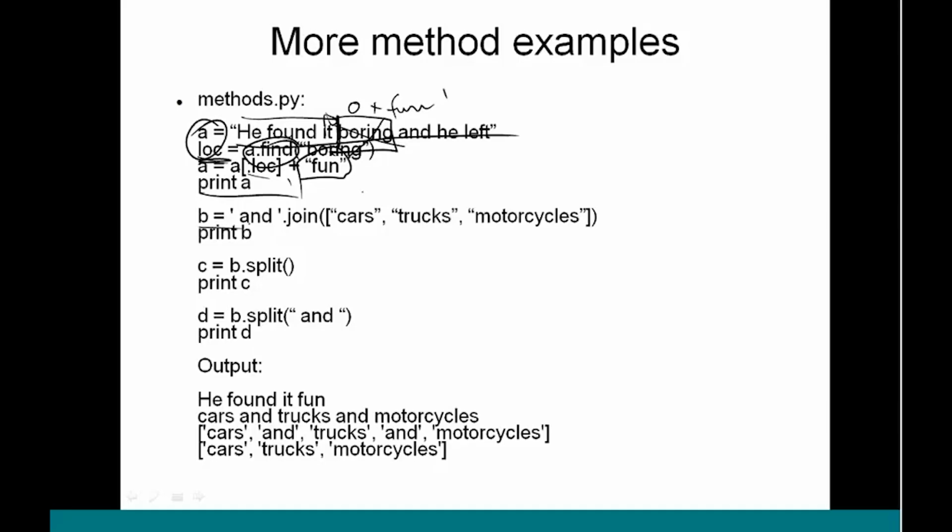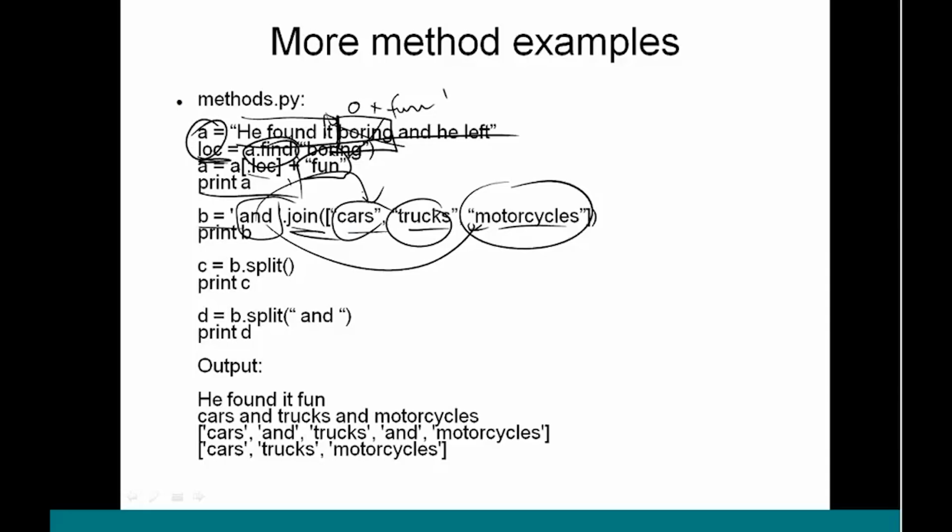And then we define another one, b, and then we say join cars, trucks, motorcycles. So the and is applied to join these different strings. So it becomes cars and trucks and motorcycles. Then c is defined as b dot split, and we print c. It prints each one as a different element in the string list or string collection.